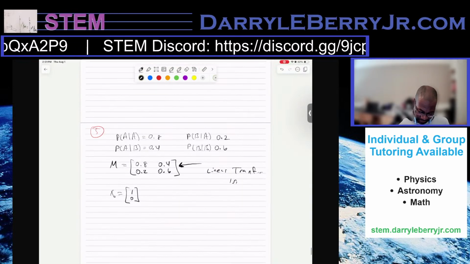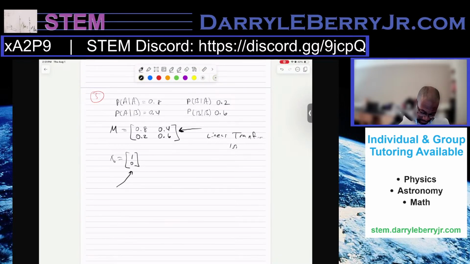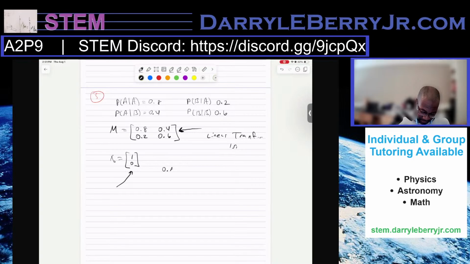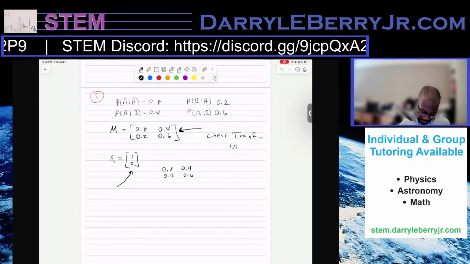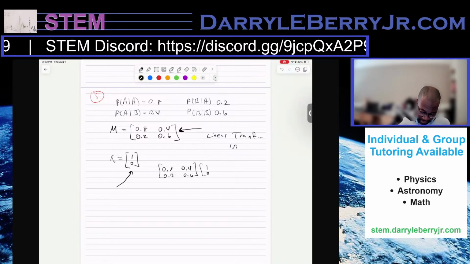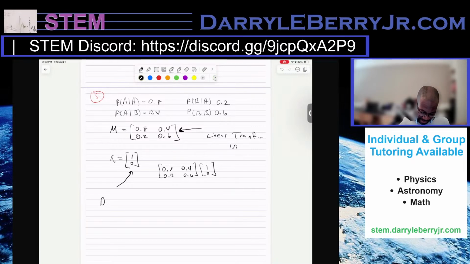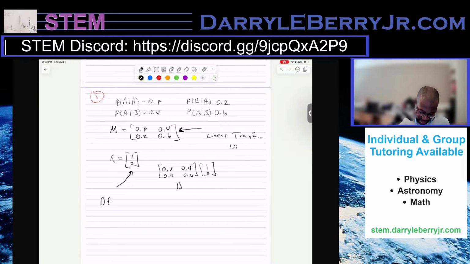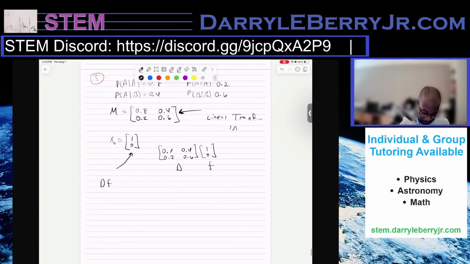We're given this vector, so all we should have to do is say 0.8, 0.2, 0.4, 0.6, just like how we did the transformation with the determinant. We had our determinant and we just multiplied our function to it. This is our matrix that does the transformation, and this is the function that we're starting with.